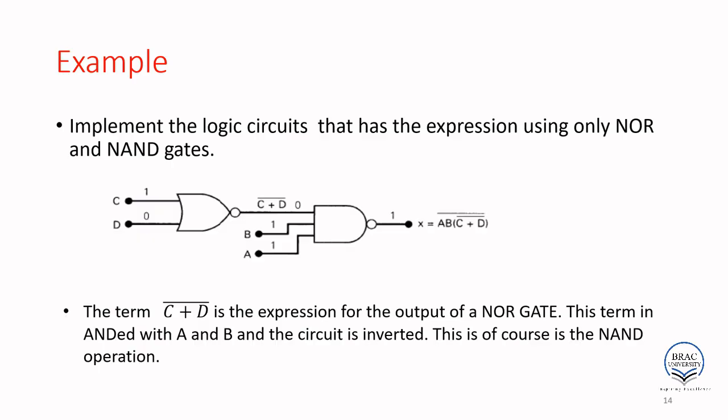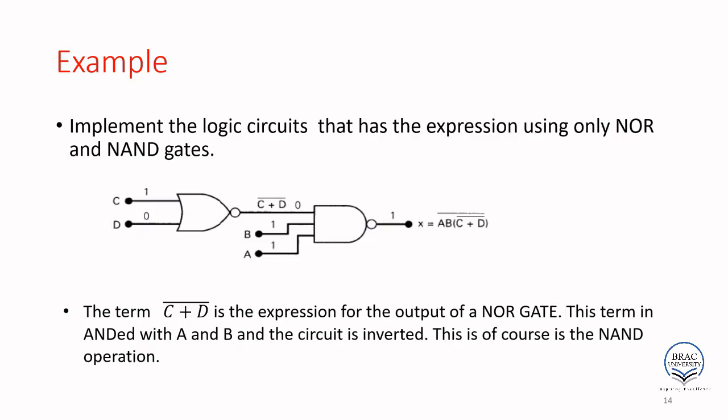Now implement the logic circuit that has the expression using only NOR and NAND gates. So here, this is our NOR gate and this is our NAND gate. C and D are inputs, then C and D bar, and B, A. So this is an AND gate.